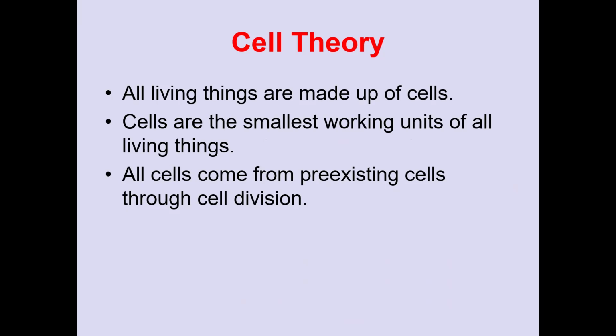All cells come from previously existing cells through the process of cell division. Cells undergo reproduction, and different types of reproduction can be found in living organisms, but cells undergo cell division and produce daughter cells, and that's how the cells keep dividing and dividing.